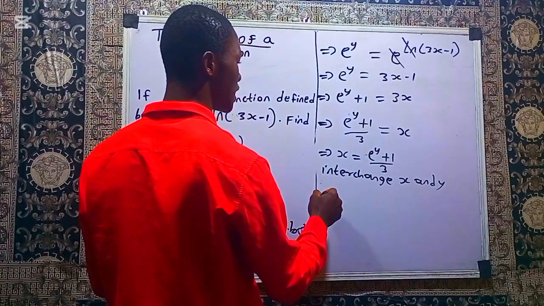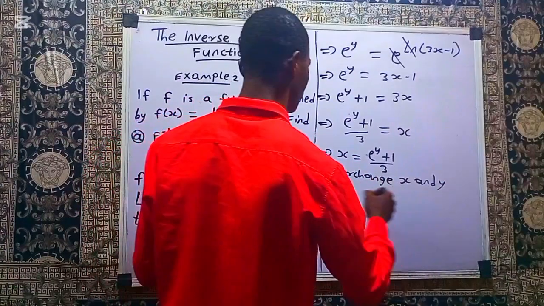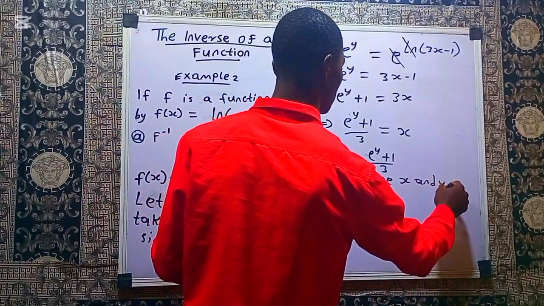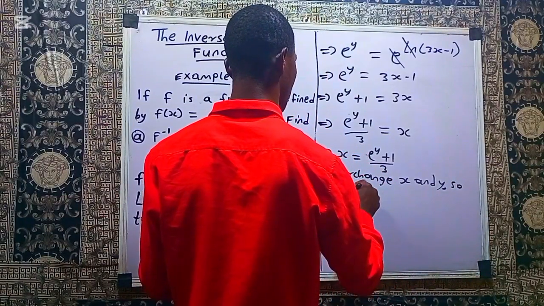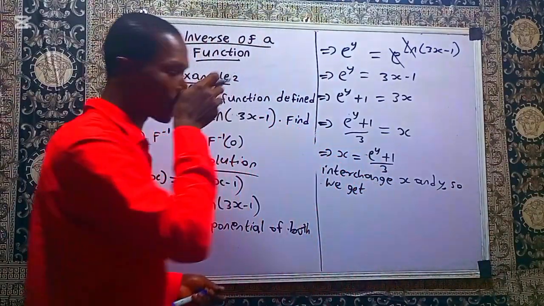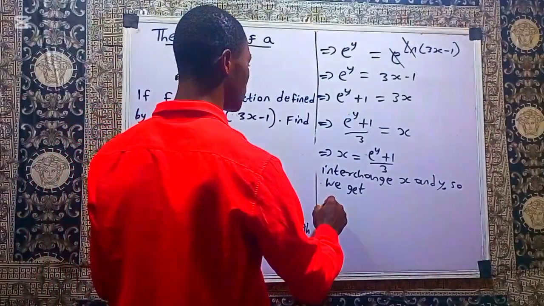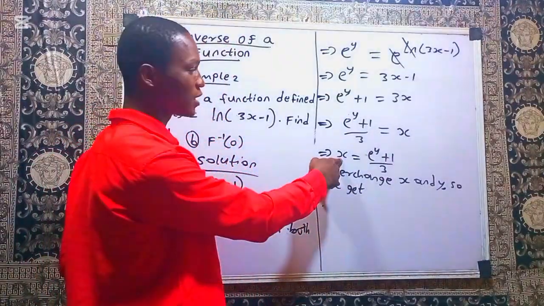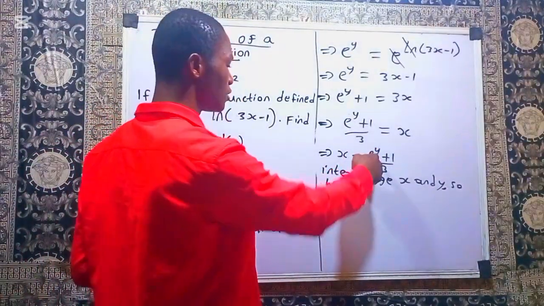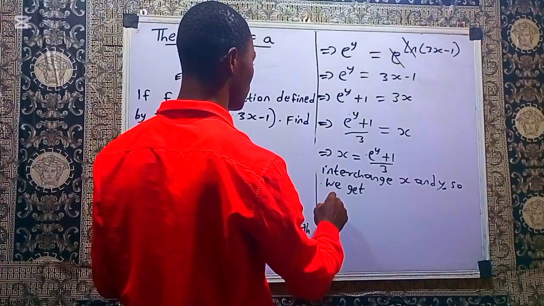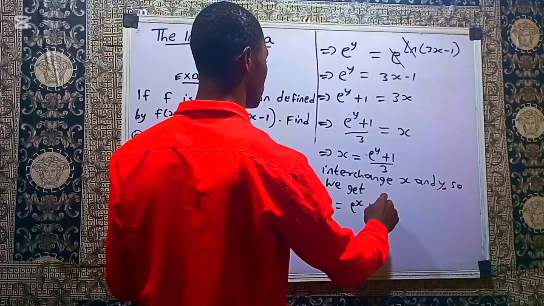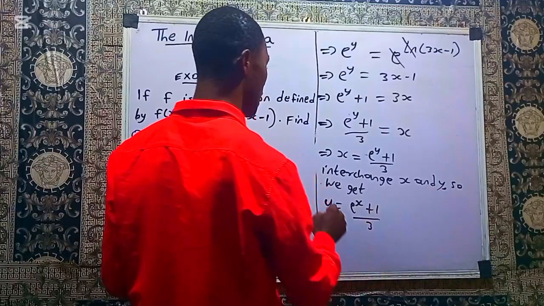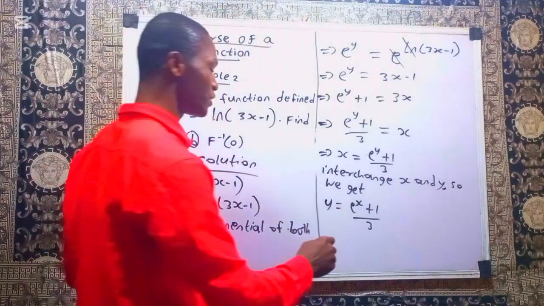So if you interchange x and y, we are going to get that y will be equal to exponential x plus 1 over 3. And this is the inverse of the function we are looking for.